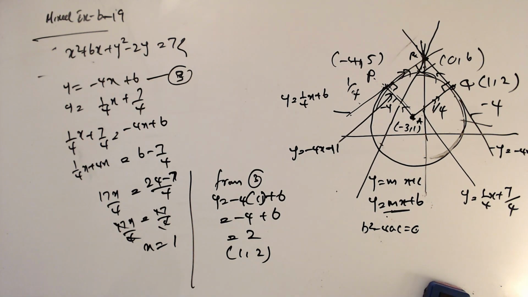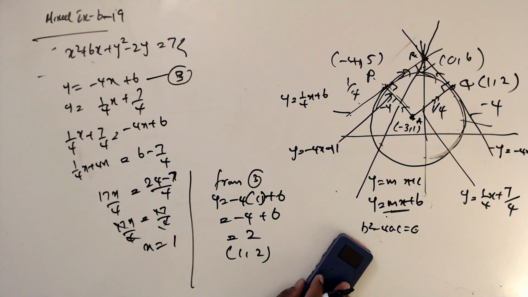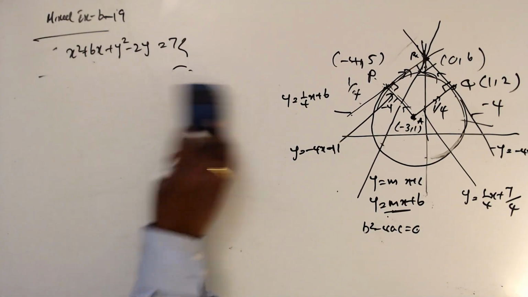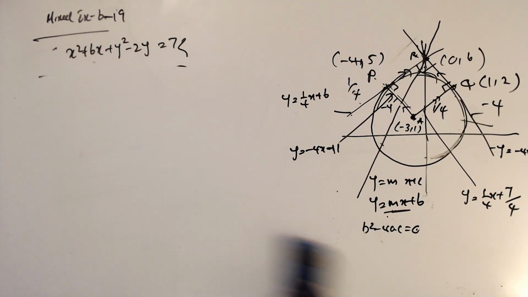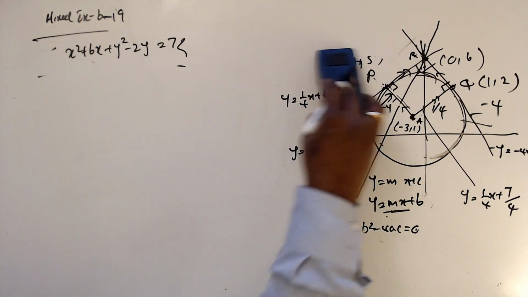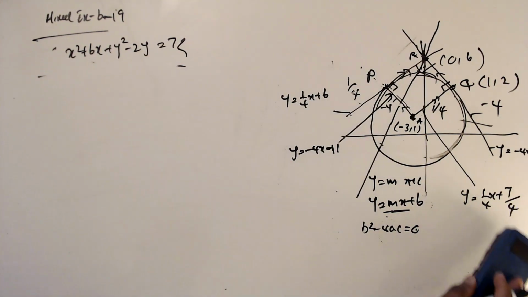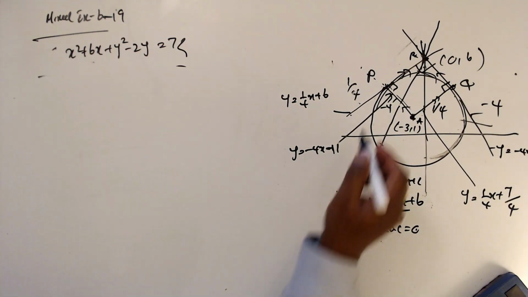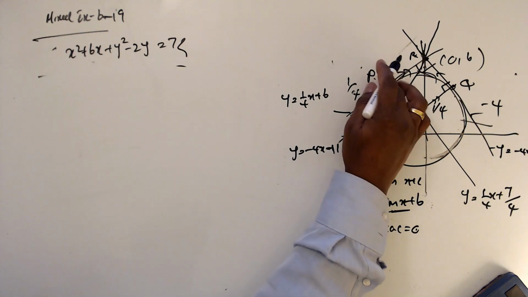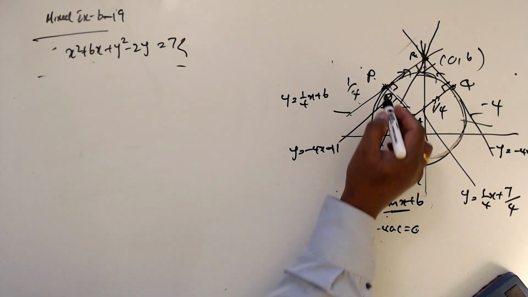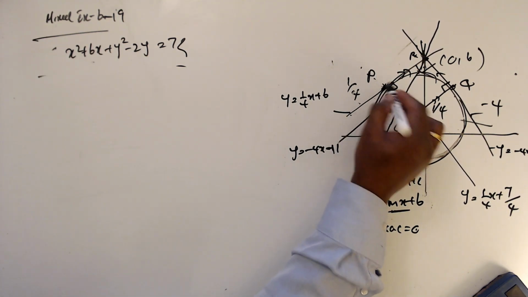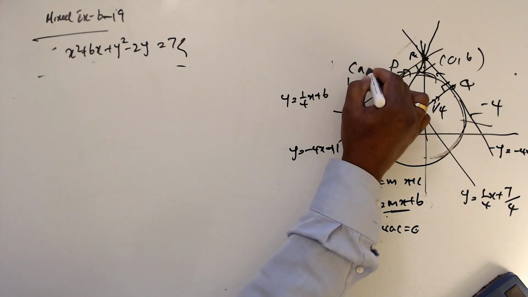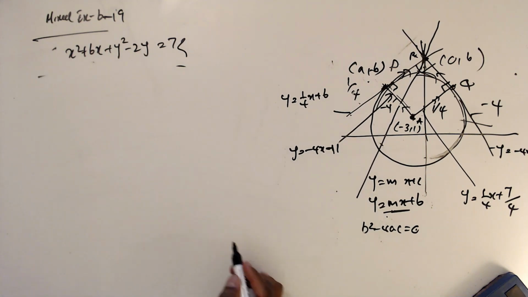There's a different way of working this one. I'll just tell you. You can take this point P as (a, b).